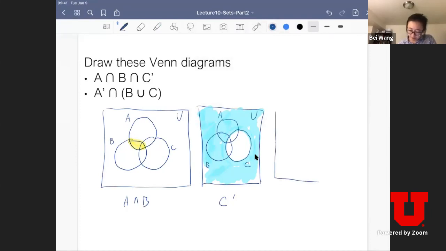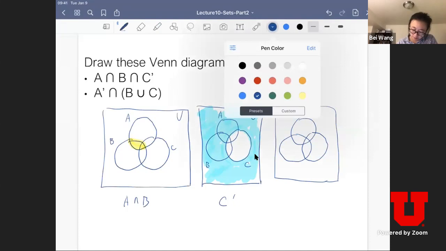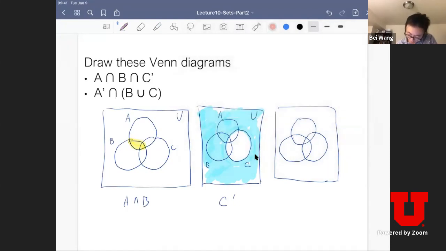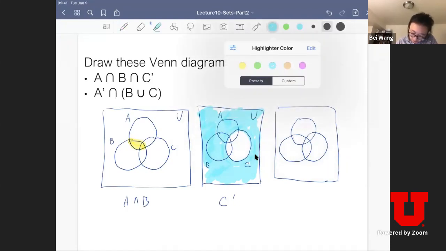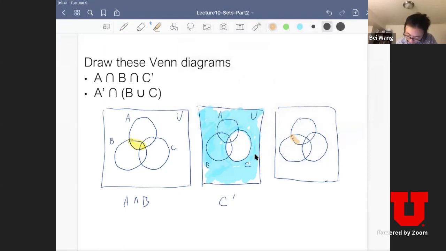Then what we get is the yellow area that lost a little bit of the 3-way intersection. So that's A intersect B intersect C.